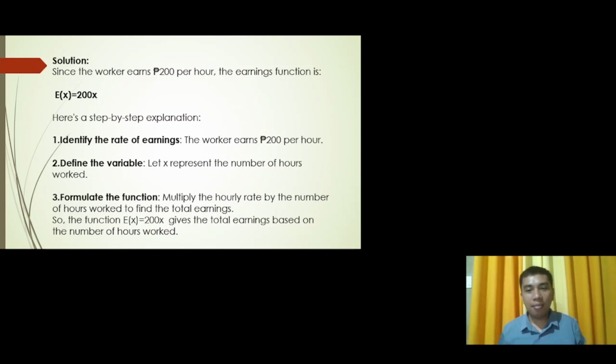Multiply the hourly rate by the number of hours worked to find the total earnings. So the function e of x equals 200x gives the total earnings based on the number of hours worked. Congratulations if you got the correct answer, but if not, still congratulations for trying so that you can answer the given problem.